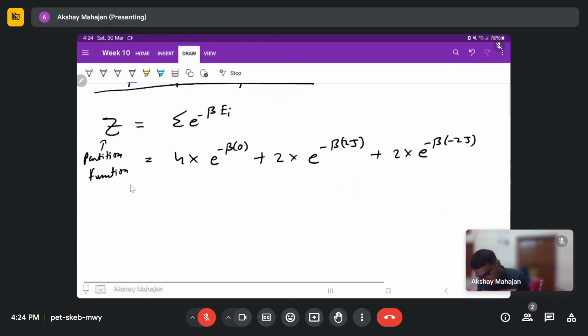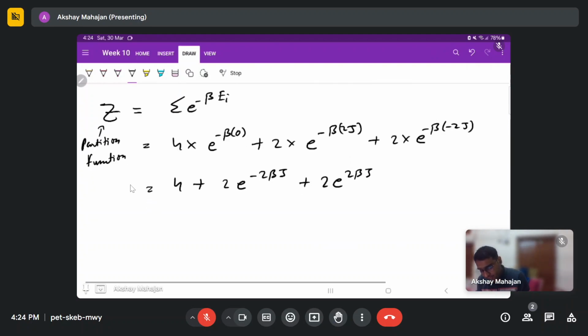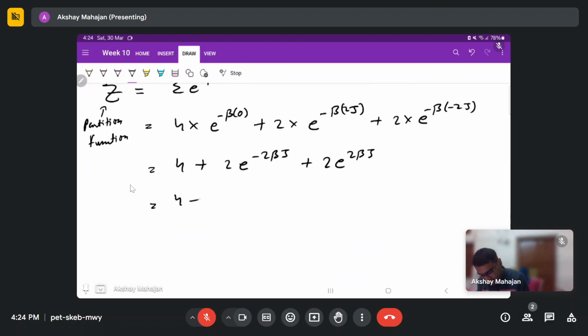So what you are going to get, e to the power 0 is 1, so 4 plus 2 times e to the power minus 2 beta J plus 2 times e to the power 2 beta J. Alright, and again we can just take this common.